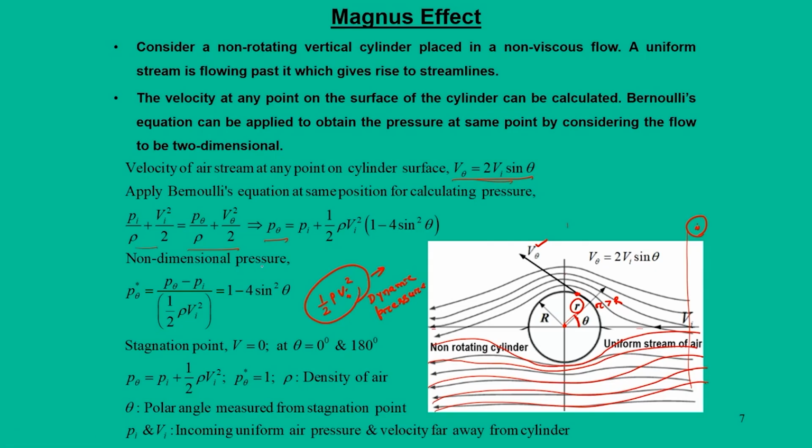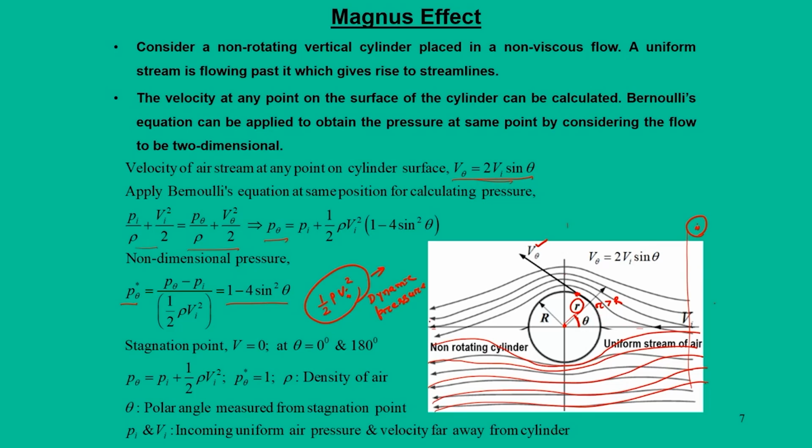A non-dimensional pressure can be defined, which is nothing but the pressure difference between any point on the surface and the free stream pressure, divided by this dynamic pressure, and it happens that P star theta becomes 1 minus 4 sin square theta. A close look at this analysis shows it is quite obvious that when velocity is low, pressure is higher, and when velocity is more, pressure is lower.